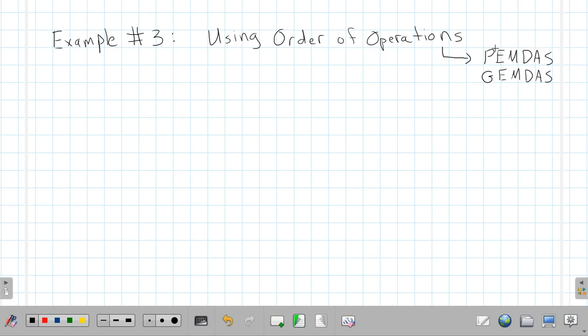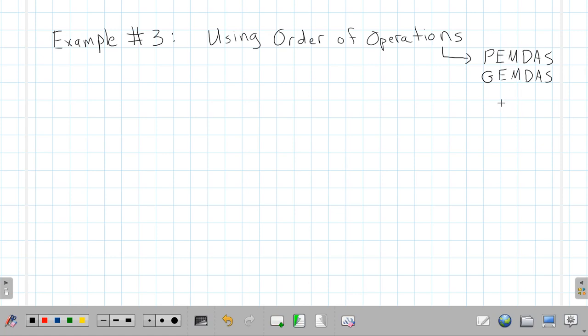So you might remember it from knowing that little funny saying there. Please excuse my dear Aunt Sally. Any way that you need to remember it, order of operations works the same no matter which way that you think about it, okay?